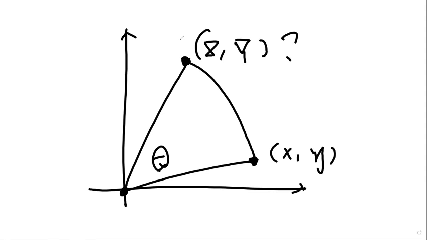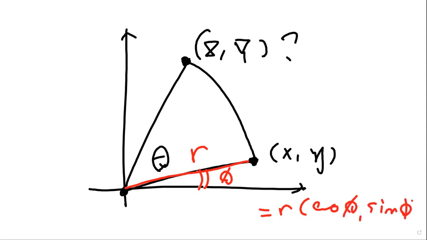First, let's assume this angle is called phi, and the length of this segment is R. So this x, y really will become R cosine phi, R sine phi. Any question? So x will be R cosine phi, y will be R sine phi.